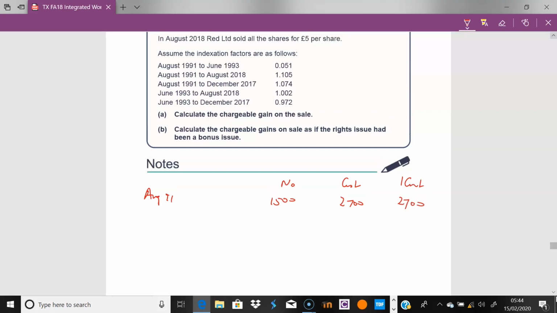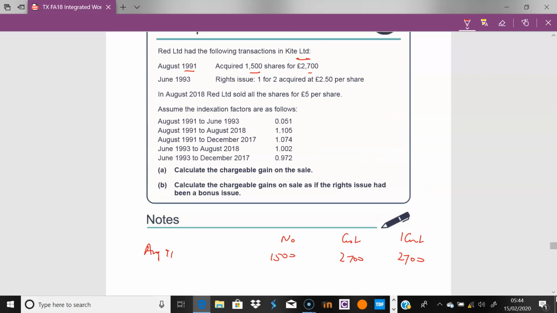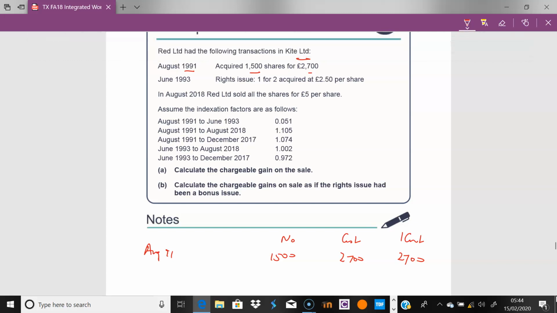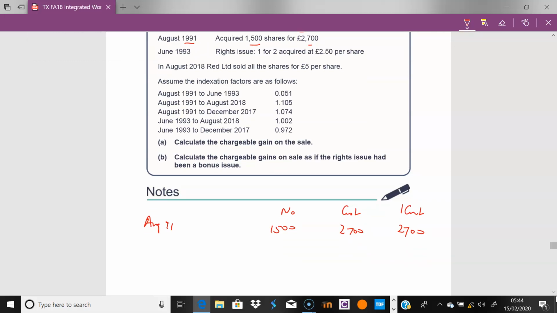And then what does it tell us? It tells us that you acquired some rights issues in June of 93. So my first task is to get this indexed up to this date of June 93. So I'll put here June 93. I still have 1,500.